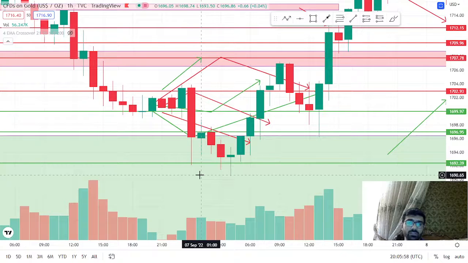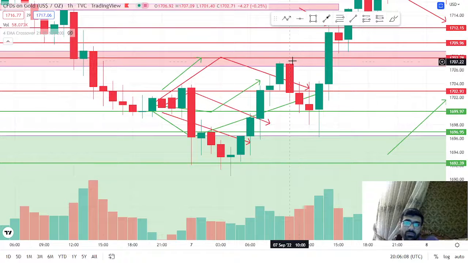And another trade would be, yes, we gave you another trade: the market entered this area, we can go short, and you guys can clearly see we could have gone short over here and made approximately 1% profit.